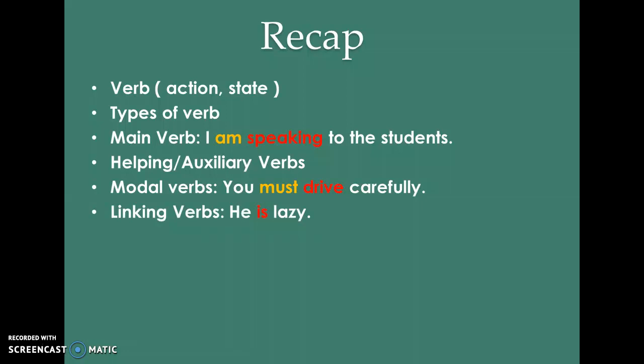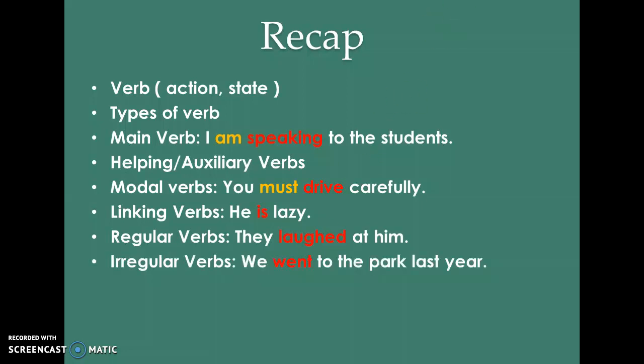A linking verb links the subject to either the noun or the adjective in the predicate. So is the linking verb because it is linking the subject he to the adjective in the predicate, lazy. Let's move to the next. Regular verbs we did. So we discussed that the regular verbs make second and third form, which is past and past participle form, by adding simple d or ed to the words.